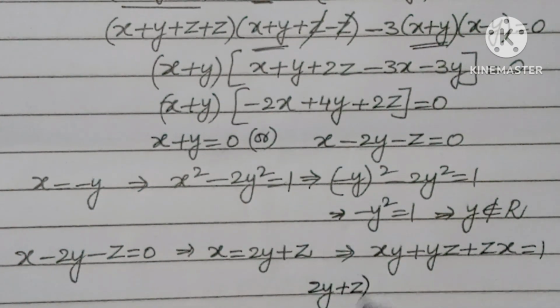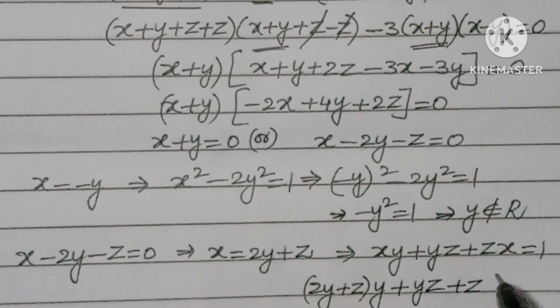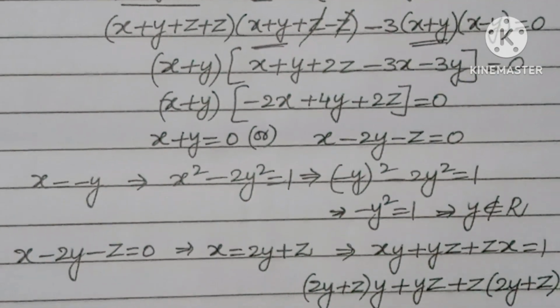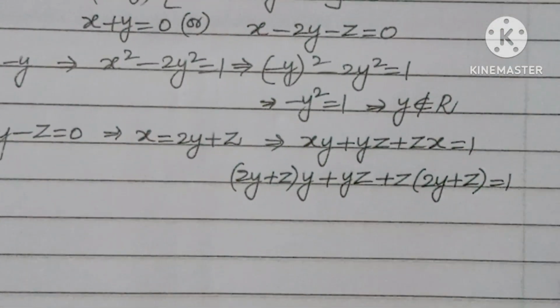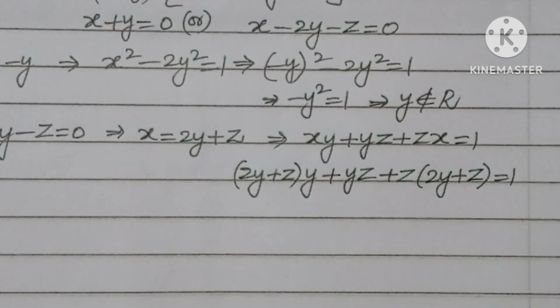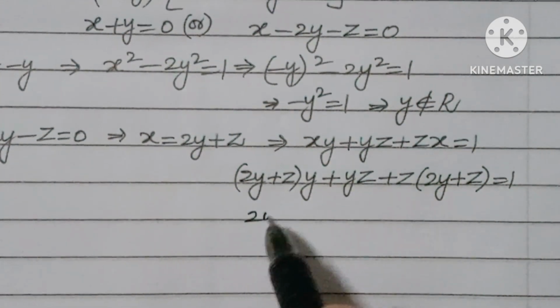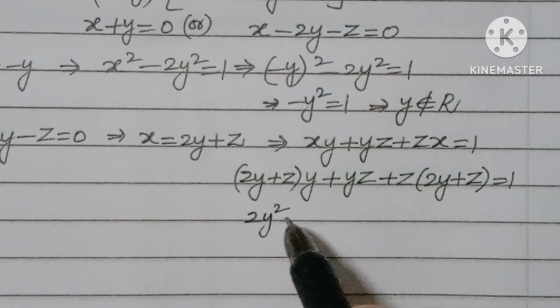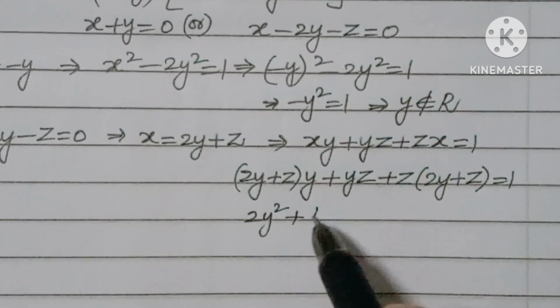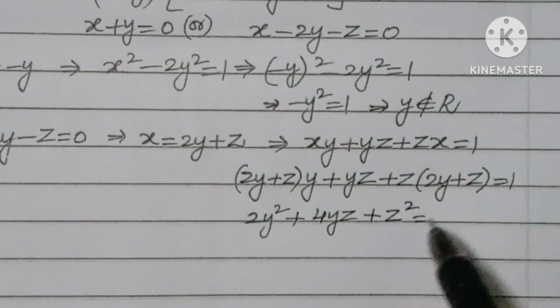Replacing the x value, 2y plus z into y plus yz plus z into 2y plus z is equal to 1. Now if you solve this, you'll get 2y square plus 4yz plus z square is equal to 1.